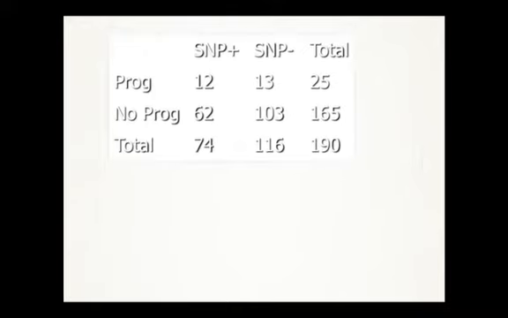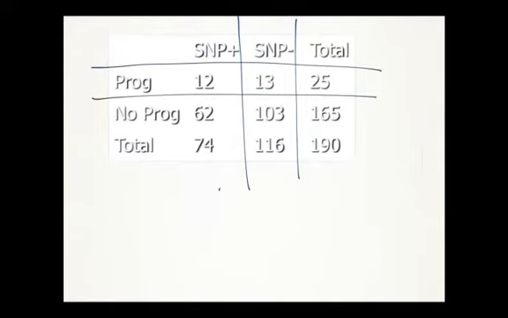Well, here's one that's more extreme than our observed table, right? So this would be progression, SNP positive, SNP negative, and so on. Okay, so this is actually our observed table. Sorry, I was getting confused there. This is our observed table. So now if we want to think about things that are more extreme than this, what would they look like? So let me pull up a next table.